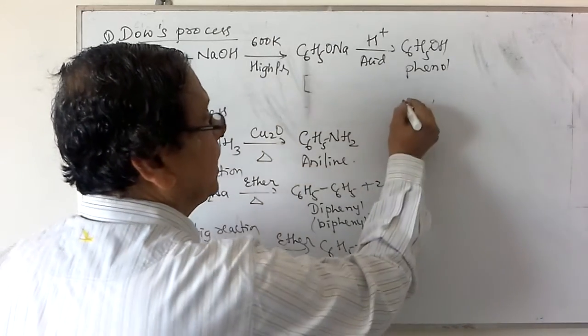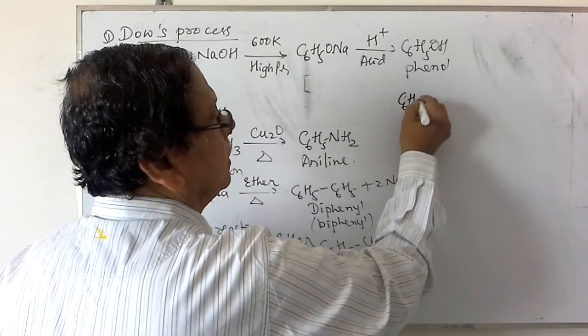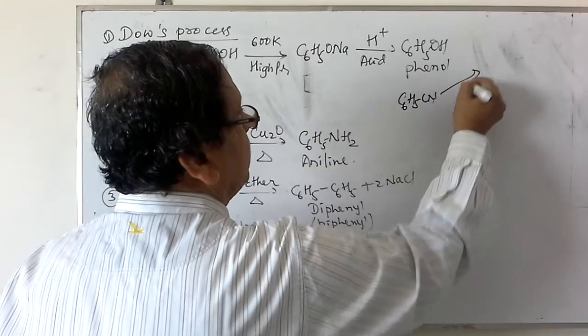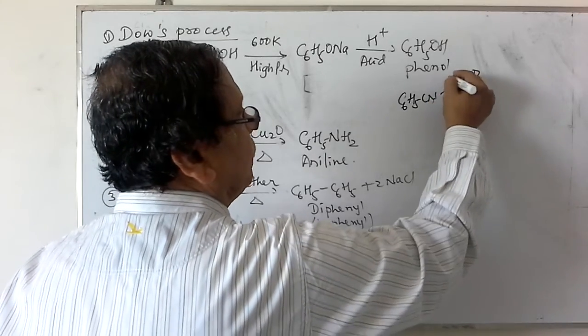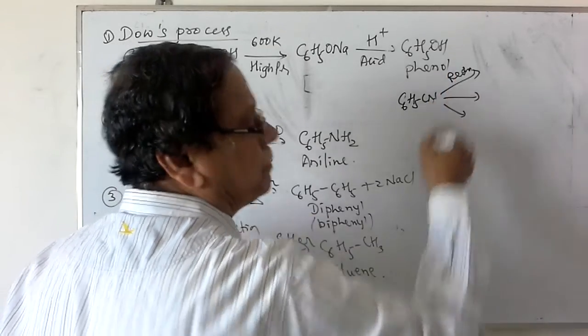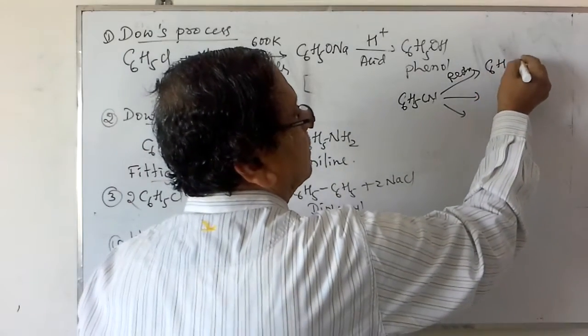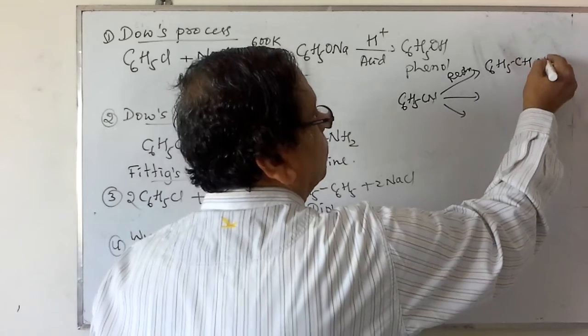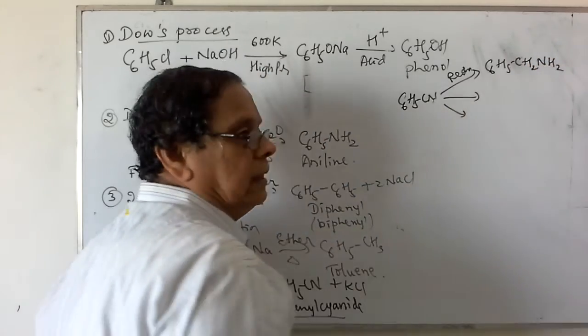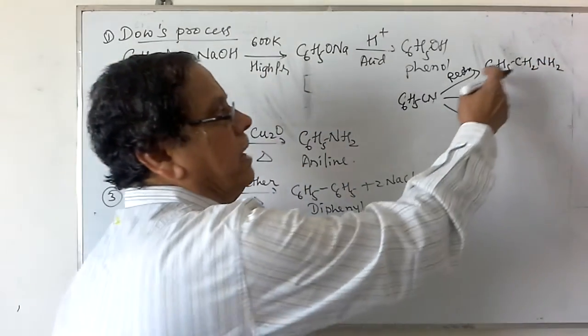This phenyl cyanide, C6H5CN, can be converted into various other products. If you subject this to reduction, it will give rise to C6H5CH2NH2. This is called as phenyl methylamine.